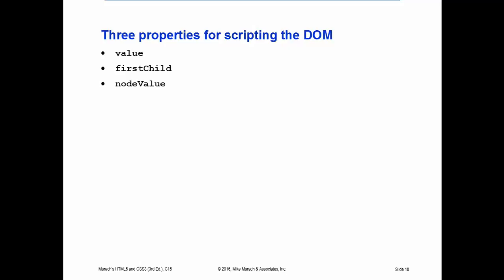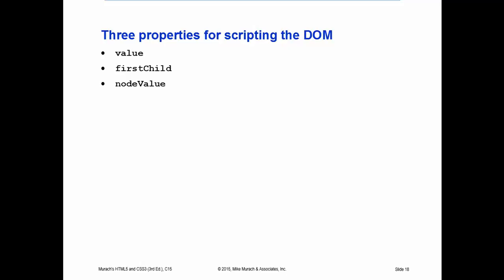If it's on the right-hand side of an equal sign, it's getting the value. You also have firstChild shown here, which returns a node object for the first child node of an element, and nodeValue. And for either a text, comment, or attribute node, it gets or sets, again, depending on whether or not it's on the left-hand or right-hand side of an equal sign, the text that's stored in a node.